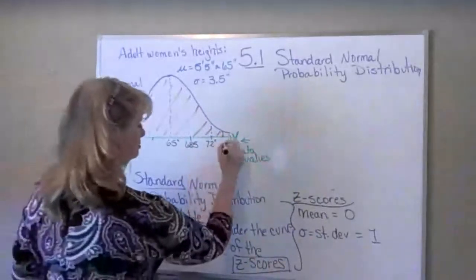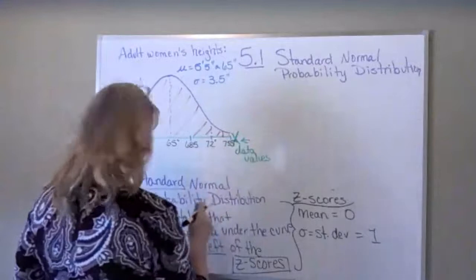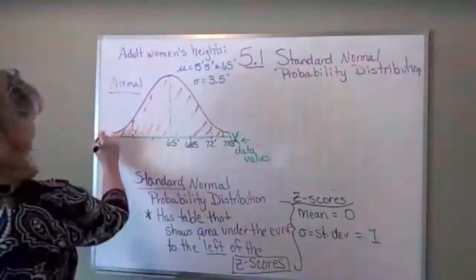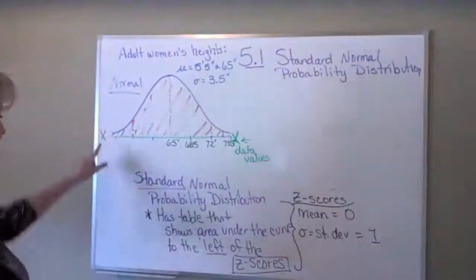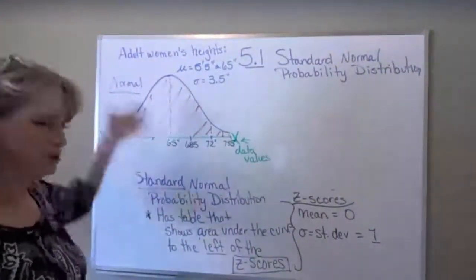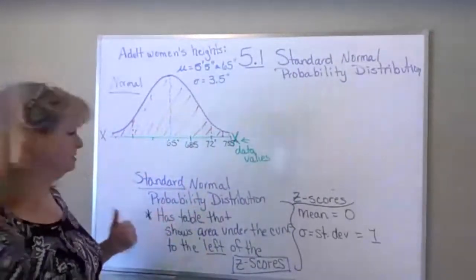And then this would be 75.5 inches here, which ran into my X. Sorry about that. Let's put an X here. X would be what we're doing if we're just demonstrating a regular normal probability distribution.